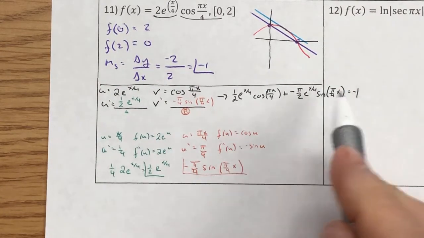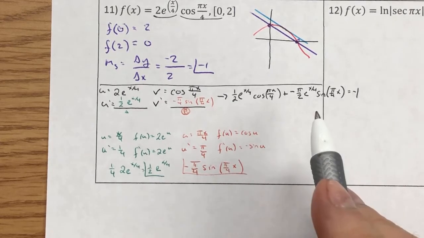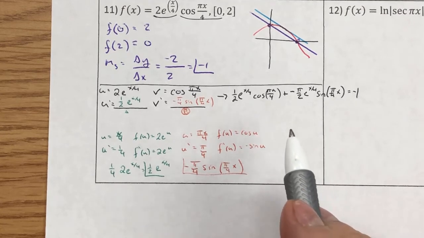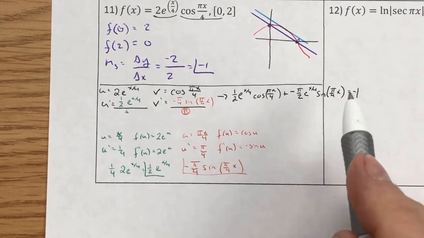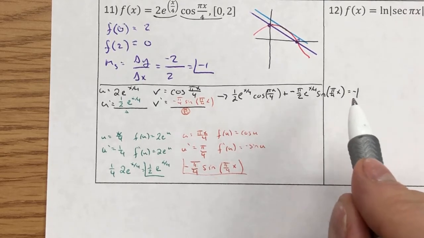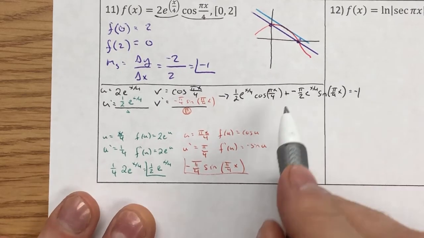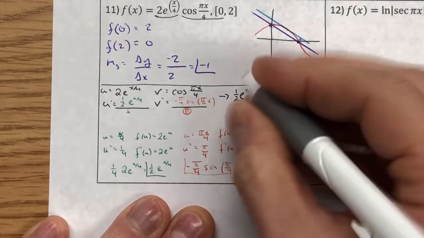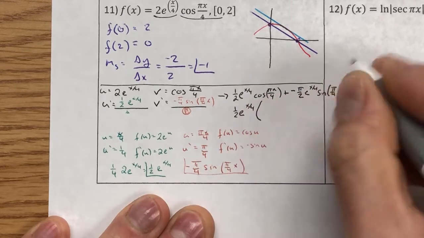Now, what we've got going on here is that this is not something that we're going to be able to solve by hand. So we're going to kind of cheat our way through this. I'm going to plug this into the calculator and let the calculator tell me when this is going to equal this value. How am I going to do that? Well, I'm going to move everything over and pull out this 1/2 e to the x over 4.